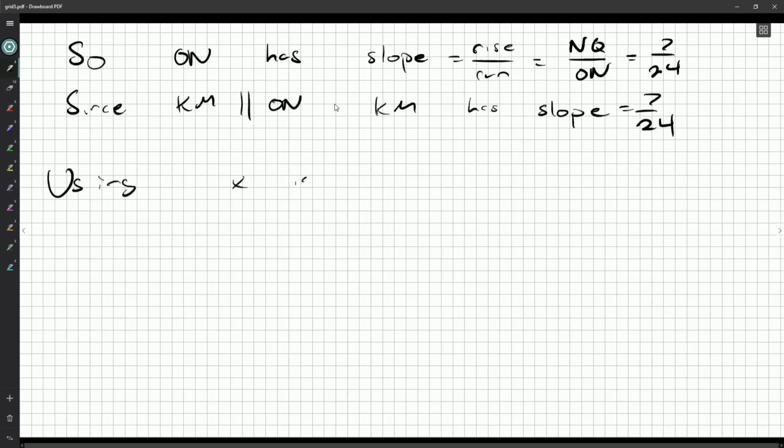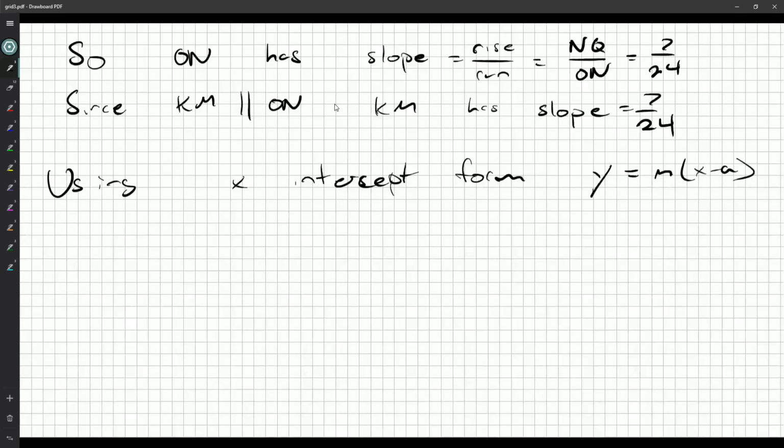So using x-intercept form, which I'll remind you, if you're not familiar with it, is y equals m(x minus a) in brackets. This is similar to y equals mx plus b, except that uses the y-intercept.